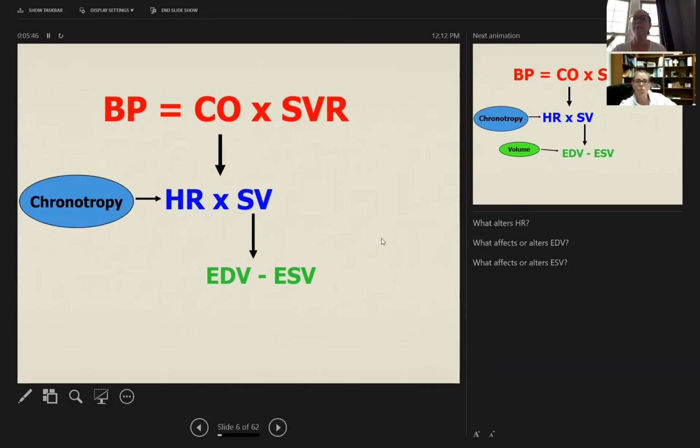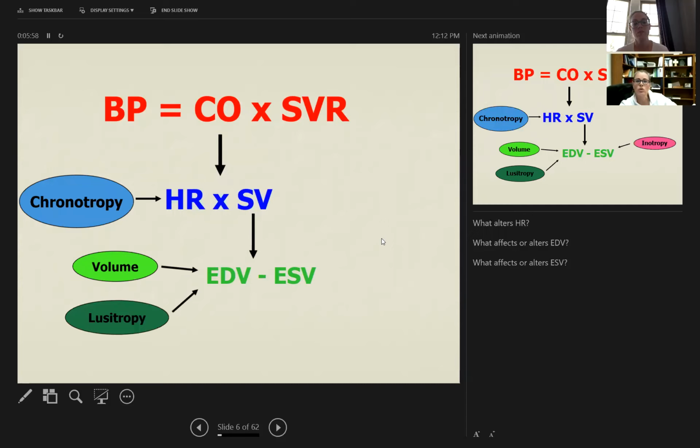When we think about what alters stroke volume, it really is your end diastolic volume. So what's your preload? What's your circulating volume status? As well as lusitropy, right? So is the myocardium able to relax adequately during diastole to allow for ventricular filling? Minus the end systolic volume, which is impacted by inotropy.